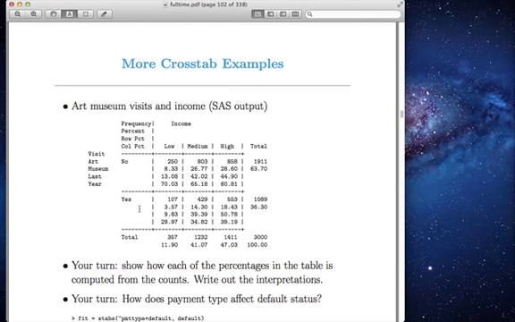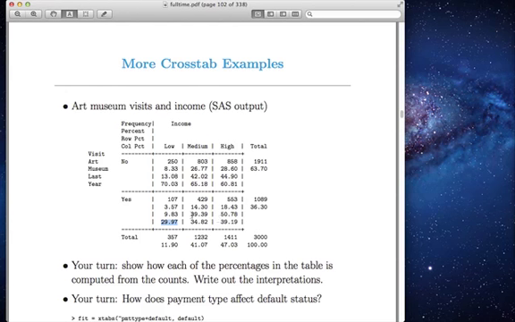So we looked at this through a crosstab. You can think about this as we studied conditional distributions by using the column percents. If you're high income, the chance that you go to an art museum is 39%, whereas if you have low income, you have a 30% chance of going to an art museum.